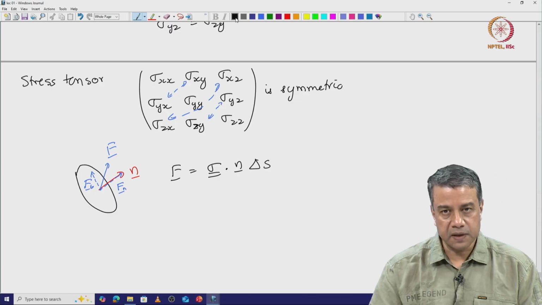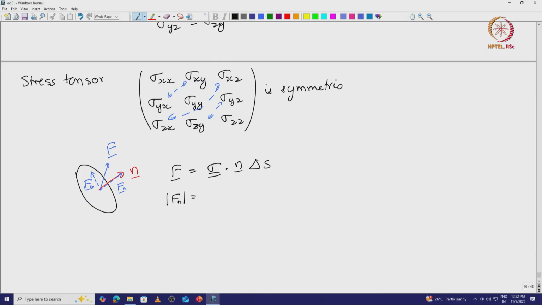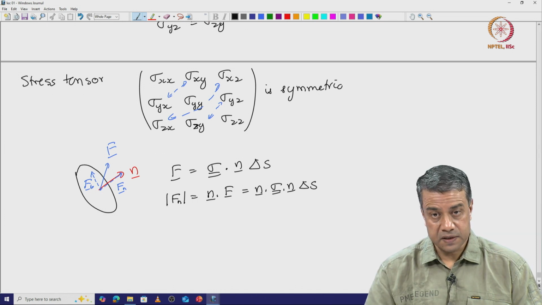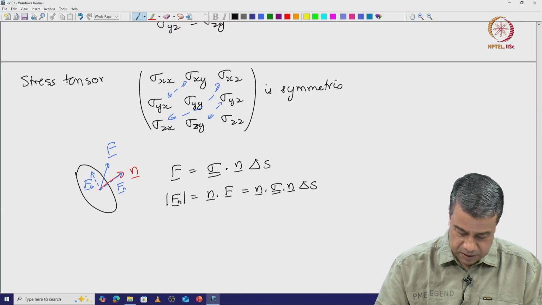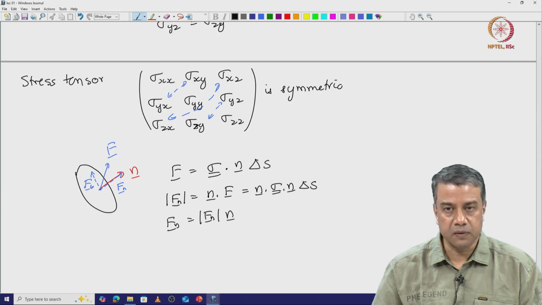So, the magnitude of the normal component is equal to n dotted with f, which is n dot sigma dot n delta s. So, this is the normal component of the force. The normal force itself is the magnitude times the unit vector.